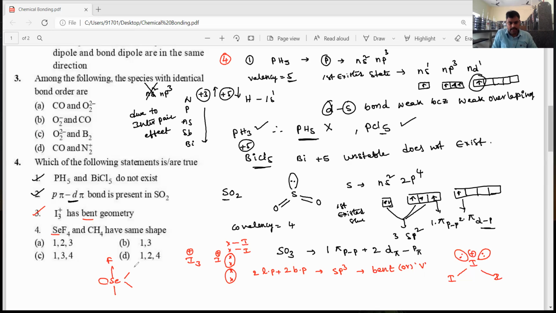Its hybridization is sp3d. CH4 is tetrahedral geometry with sp3 hybridization, we know very well, and SeF4 is seesaw shape. So the geometry is not the same. That's why the statement is wrong. So the correct option is that statements 1, 2, 3 are correct. That is the first option, students.